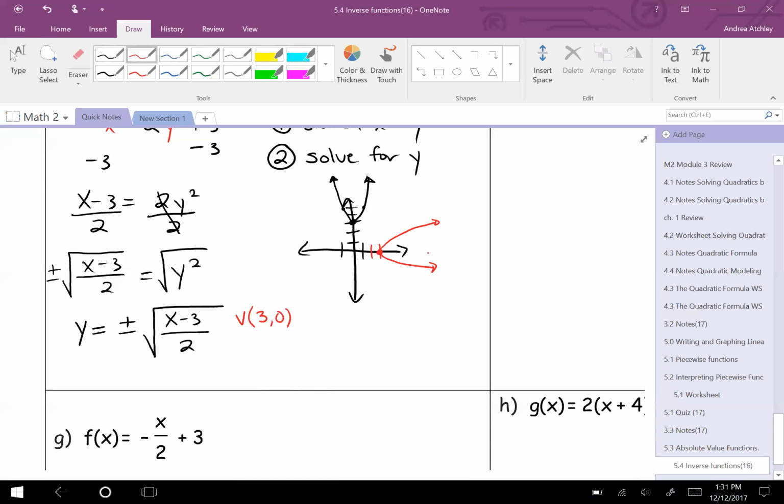So do you guys remember the vertical line test and how to identify if something is a function or not a function? Okay, the definition of a function is that for every x value, there's exactly one y value. So when x is 5, you're not going to have 2 different y values for it.